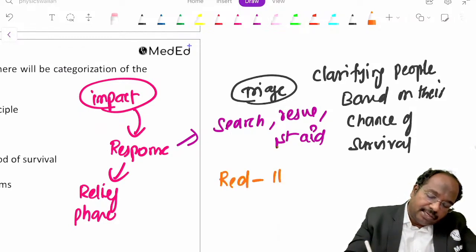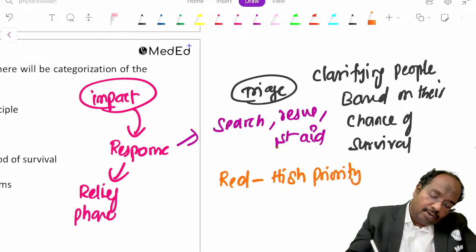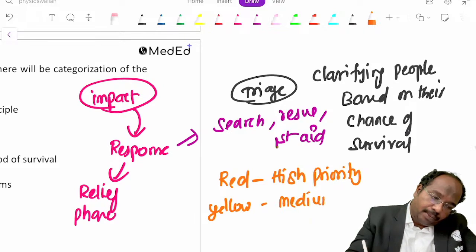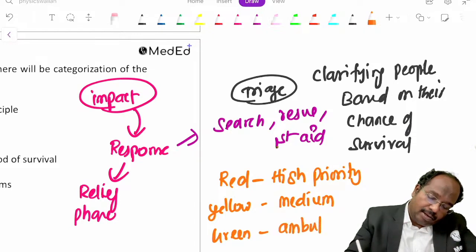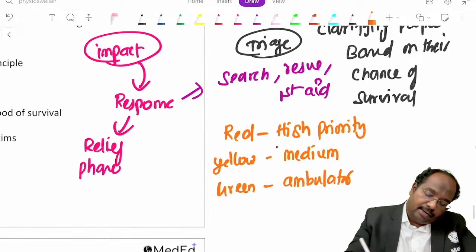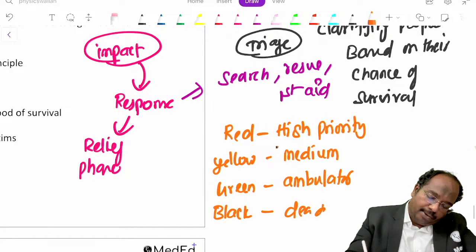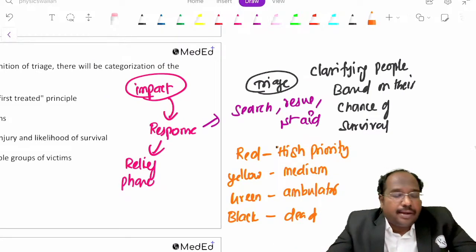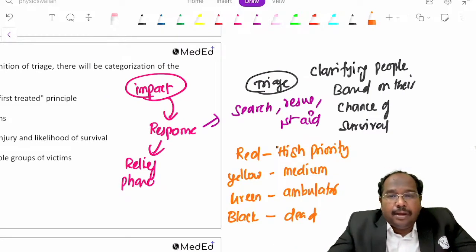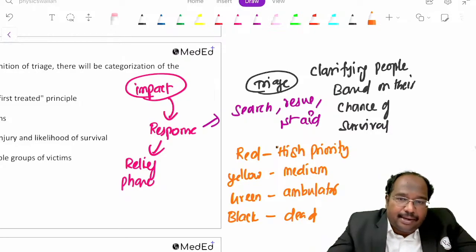Red means the patient is high priority. Yellow means medium priority. Green means ambulatory. And black means dead persons, moribund or dead. This year NEET also we had a question from this. Red means high priority, yellow medium, green ambulatory, black is dead.